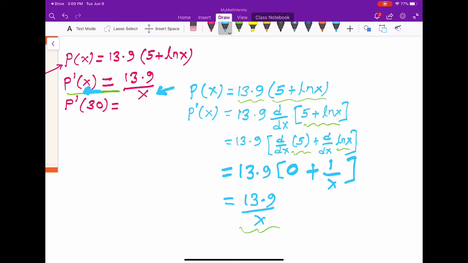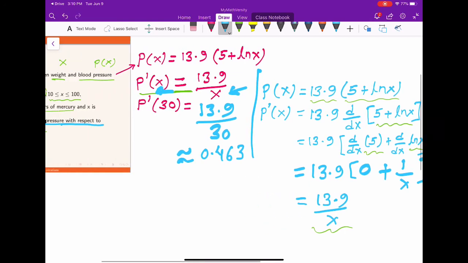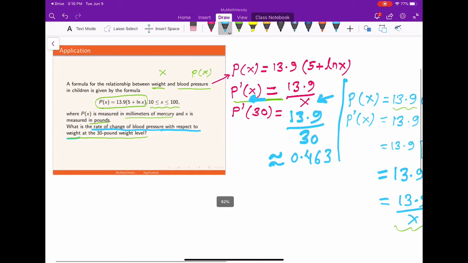So we write 13.9 as it is, divided by 30. So 13.9 divided by 30 is approximately equal to 0.46333. This is what we get as the rate of change of the blood pressure with respect to x.